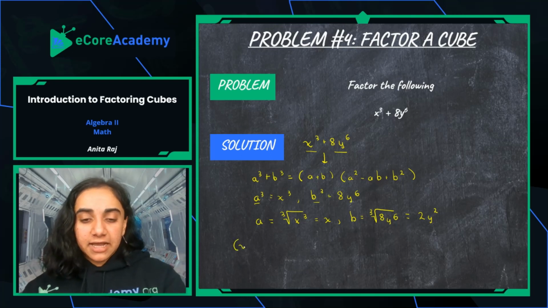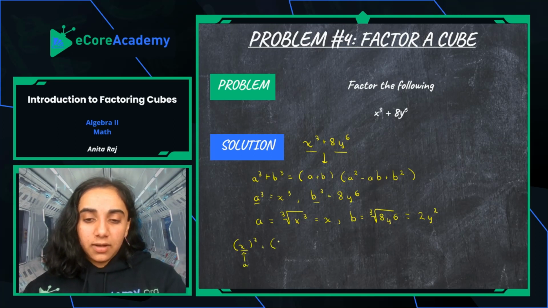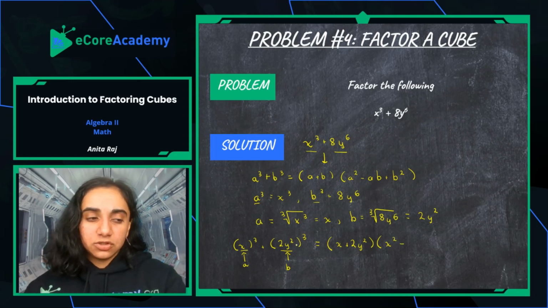We're going to rewrite this as x cubed, with x being our a term, plus 2y squared, all to the power of 3, because that is our b term. And this is going to be equal to a plus b, so x plus 2y squared, times a squared, which is just x times x, which is x squared, minus a times b, which is x times 2y squared, which gives us 2xy squared.